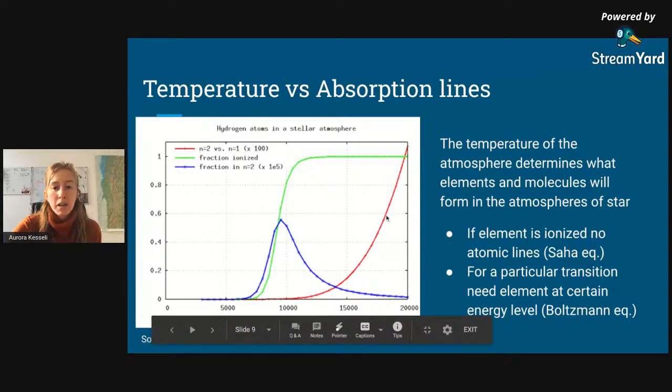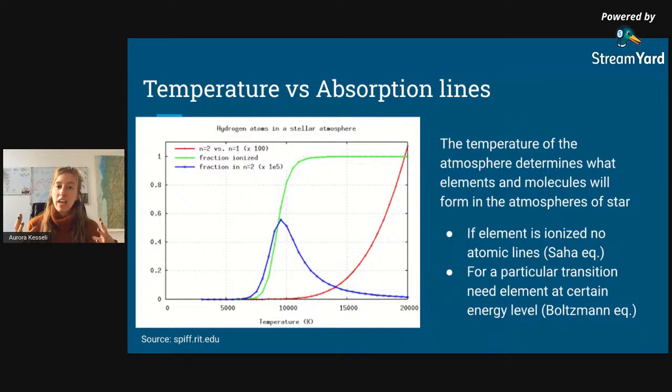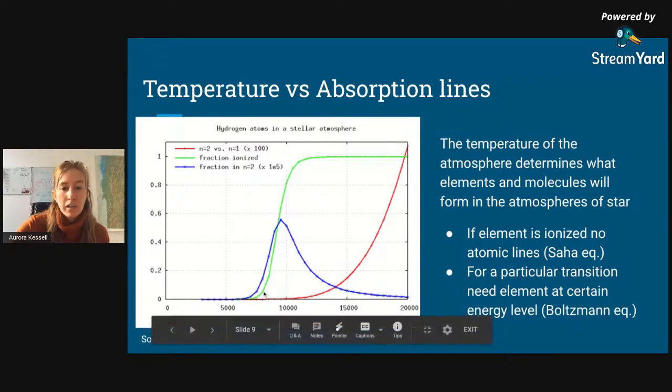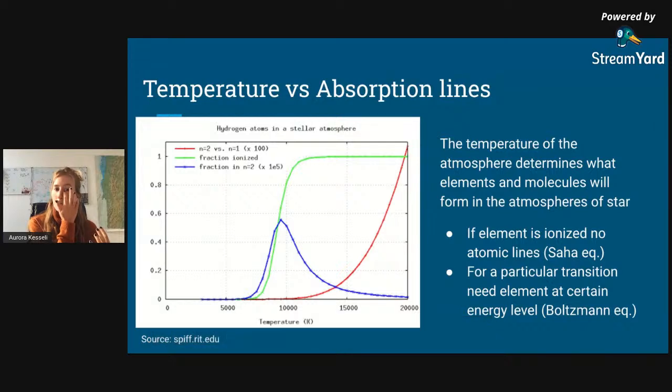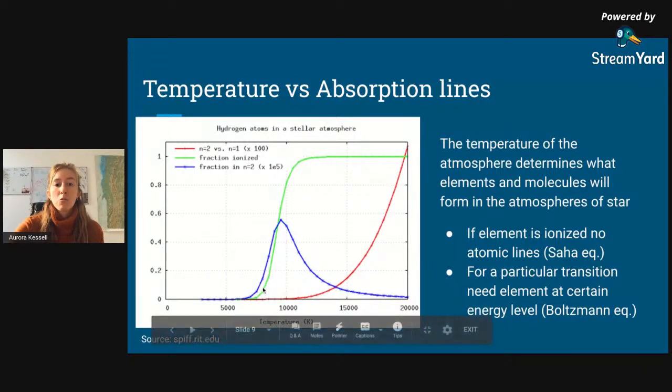As we go to higher temperatures, more of the electrons are excited into the n equals 2 state. And then in green, it's showing the fraction ionized. Right around 10,000 Kelvin, most of the hydrogen atoms become ionized, and so they can no longer have absorption or emission lines. And then in blue is the fraction that are in the n equals 2 state. So we're going to have a peak in that around 10,000 Kelvin.